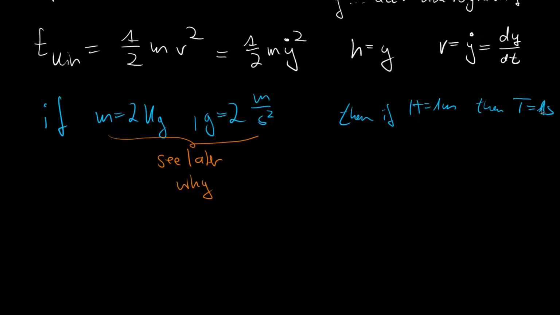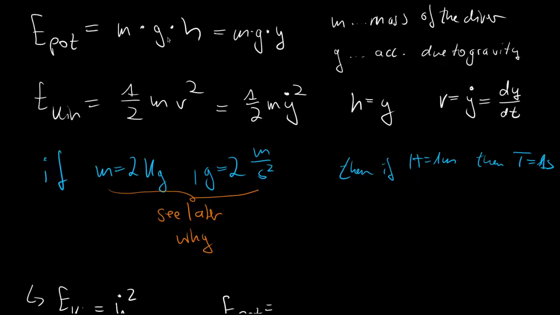So we will have 1 second of air time, you could call it. Then we get the following. The kinetic energy is y prime squared, because we plug in the 2, the 2 cancels, we ignore the units, and we get y prime squared. For the potential energy, we plug in 2 and another 2, and we get 4 times y.